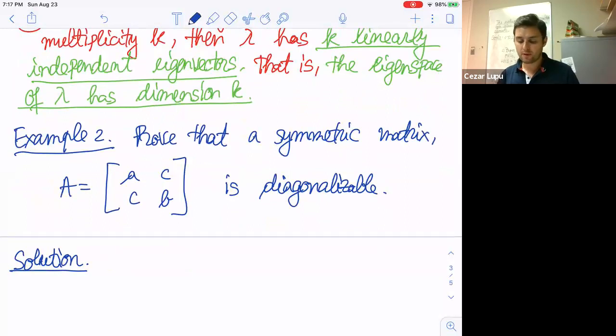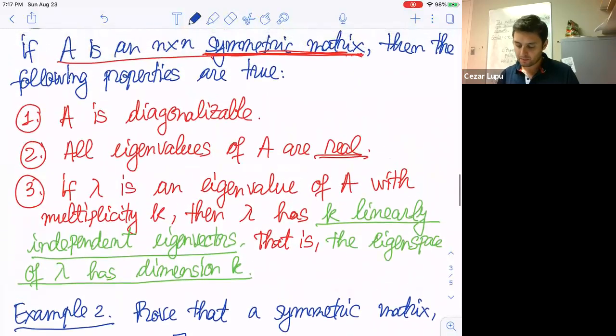And to prove this, I would like to look at the theorem.